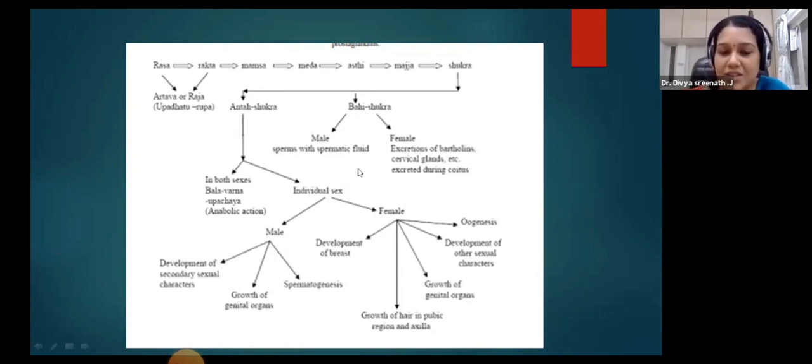Bahya Shukra you can consider as the semen in male and also as the secretions from the Bartholin glands in female. In Andar Shukra, you can consider the hormonal changes that occur in both males and females, like the development of secondary sexual characters and the development of follicles. All are considered as Andar Shukra.